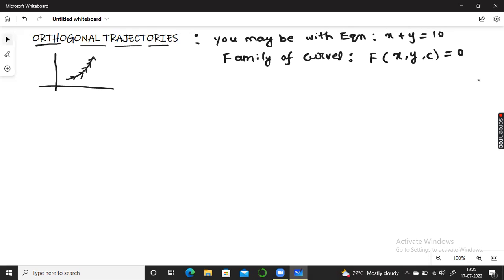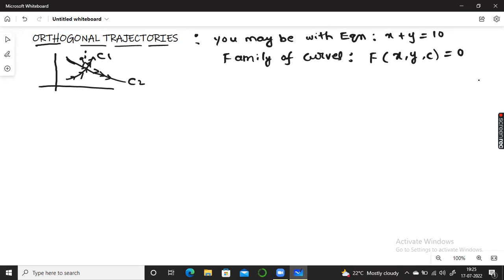Now, to find an orthogonal trajectory means you have to find another curve which is orthogonal to the given equation or given curve. Let us say this is curve 1, this is curve 2.